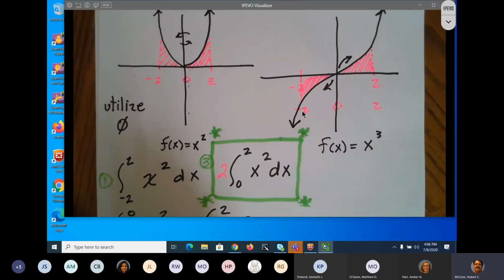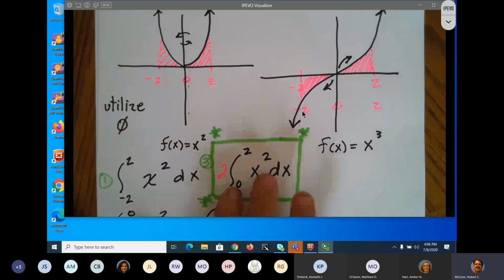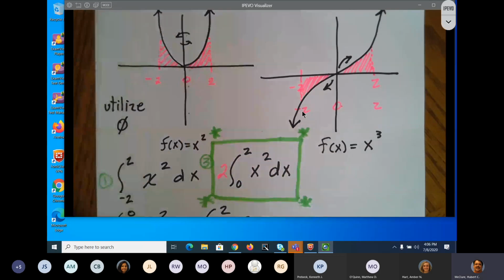It's going to cancel that x squared out, and you're not going to have to subtract any math when you utilize that 0. Same thing here. I'm going to multiply by 2 and take the antiderivative from 0 to 2 of x cubed dx.